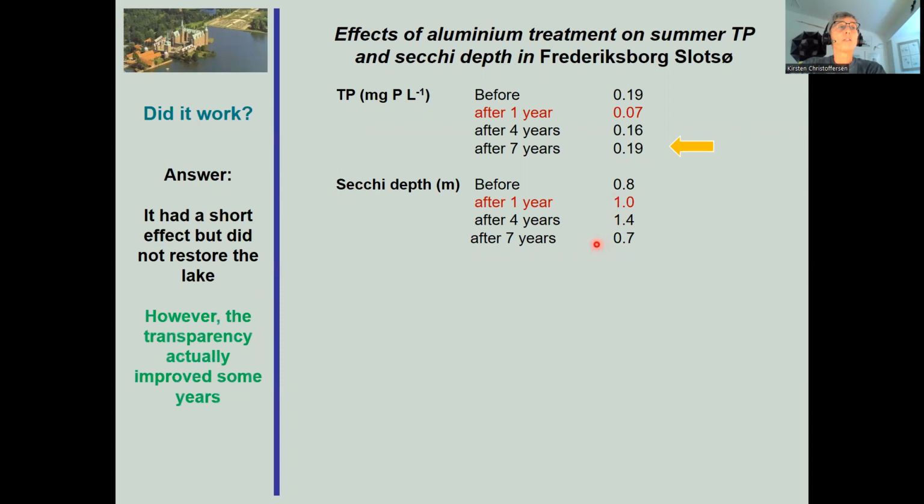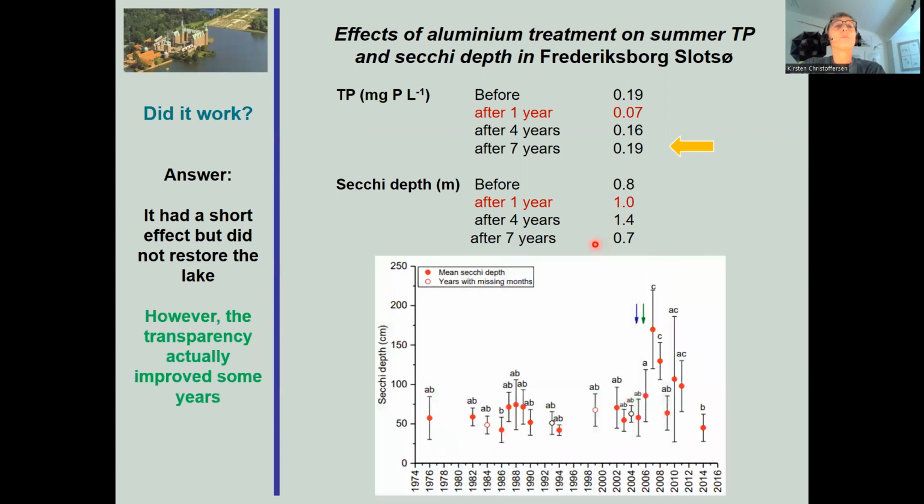So the transparency was improved maybe in the beginning, but it did not really last. If you look at this, this is the secchi depth over a long time series, where you can see the bad conditions here, where we have 0.5 meter of secchi depth. Then it improves just after we have had the addition, but then it goes down again.